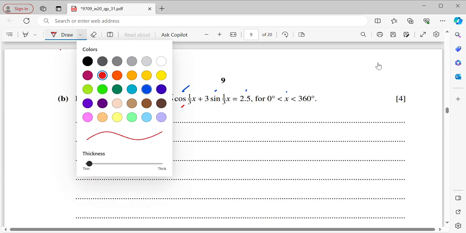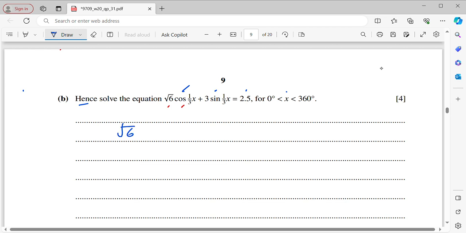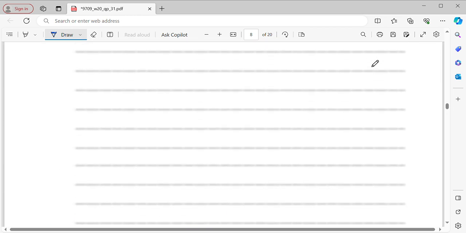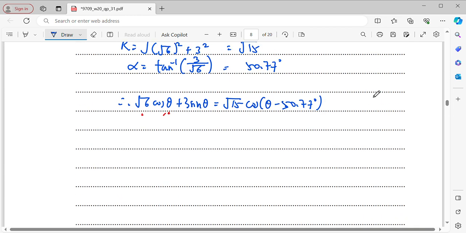Okay, so now I will write this question. I will directly use the form that we have found in the previous step, but we change theta to 1/3 x. That means it will be square root 15 cos(1/3 x minus 50.77 degrees).